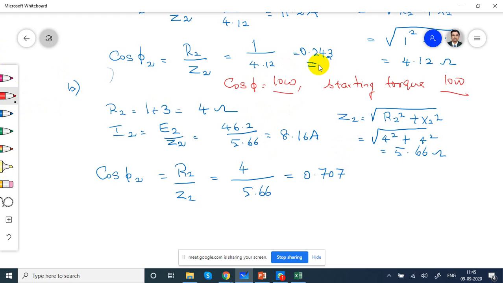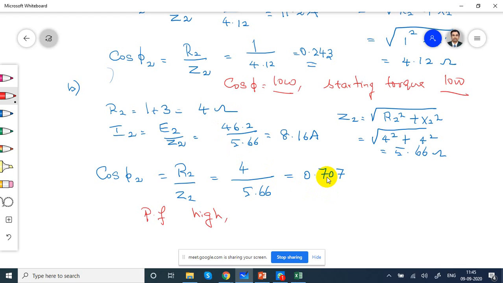Okay, so you see here, in the previous case, when the resistance is 1 ohm, you are getting a very low power factor. That's why we are getting low torque. That is the condition. Now if we add the resistance value to the existing value, that is 3 plus 1, you are adding 4 ohms in the rheostat. Once you add the 4 ohm, the power factor will be increased. Okay, power factor is high.